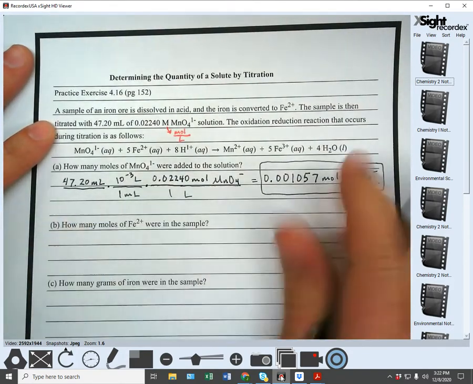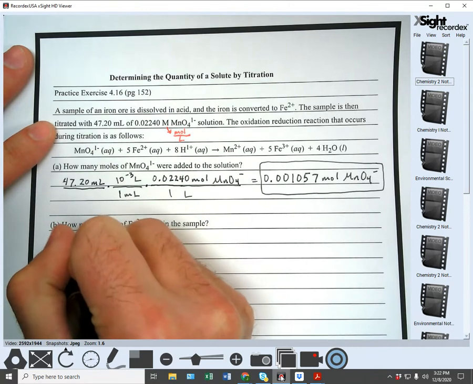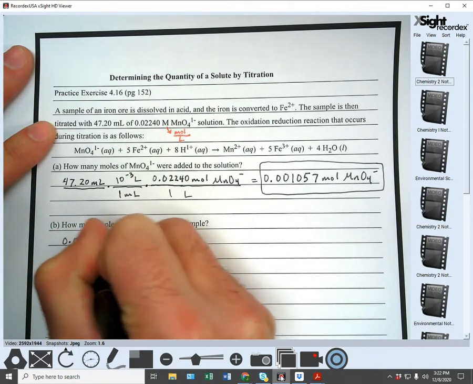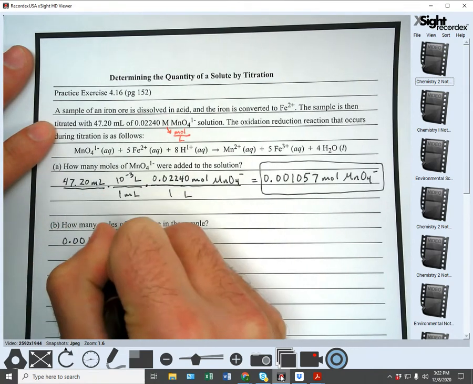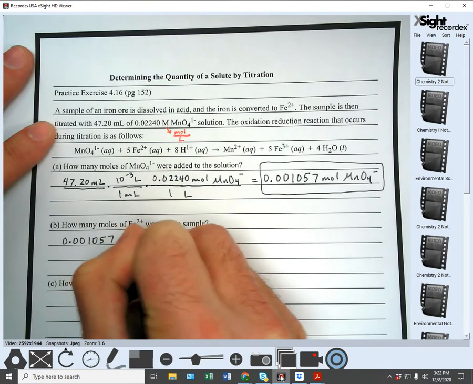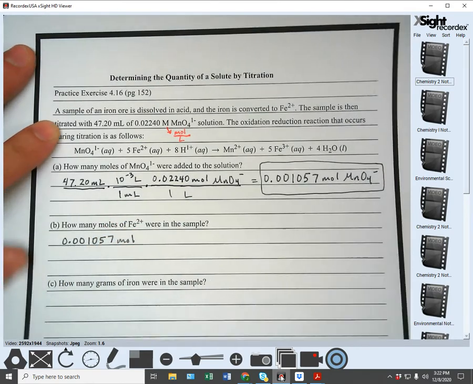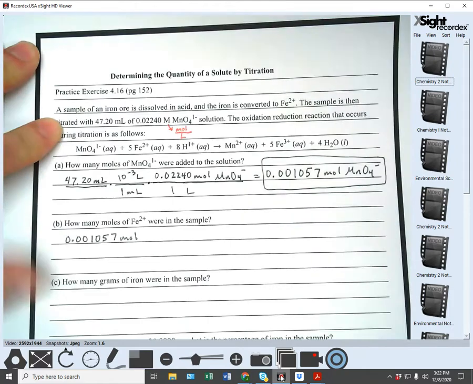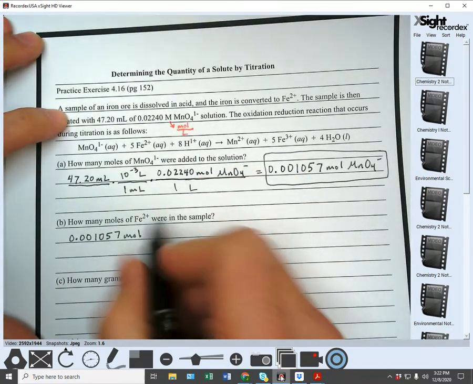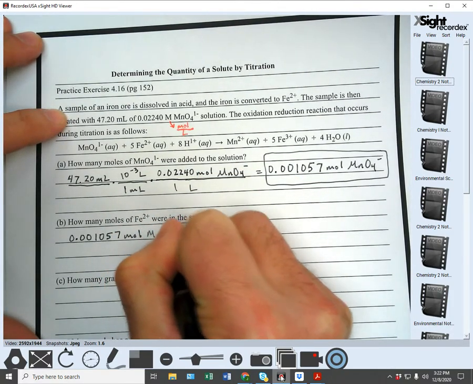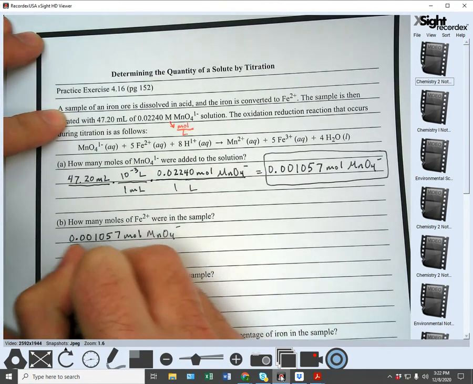So I'm going to start with my answer here, 0.001057 moles of MnO4 negative 1.